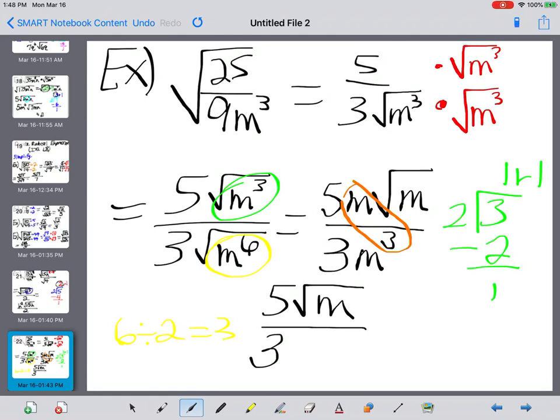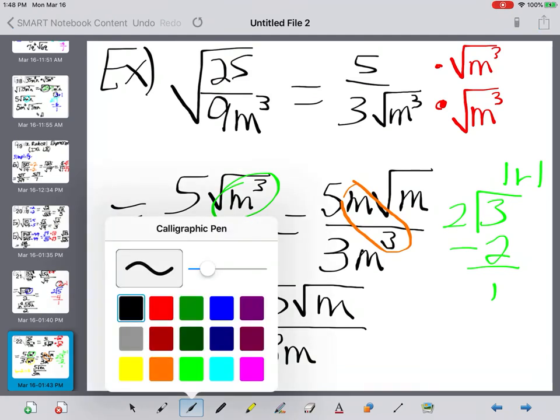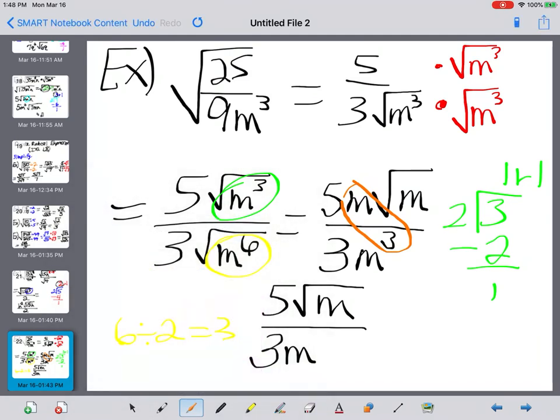So I have 3, and then m, and then in orange here I'm showing my final thing I'm doing, which is the exponent of 3 minus 1. And I dropped my thing. So we're going to have on the top just 5 on the square root of m. And on the bottom we're going to have 3m to the second.